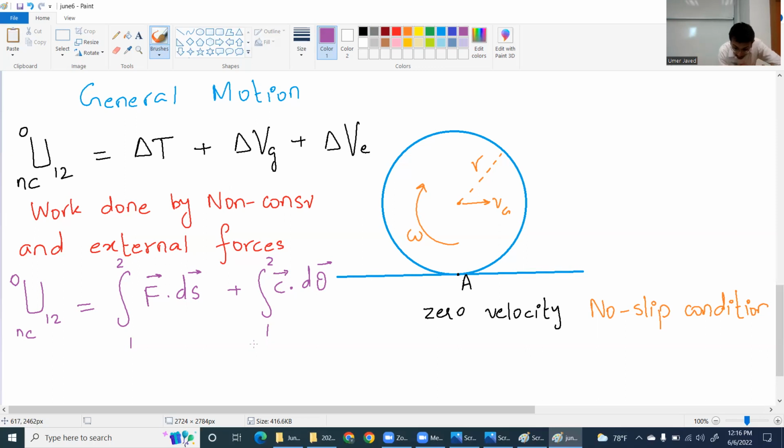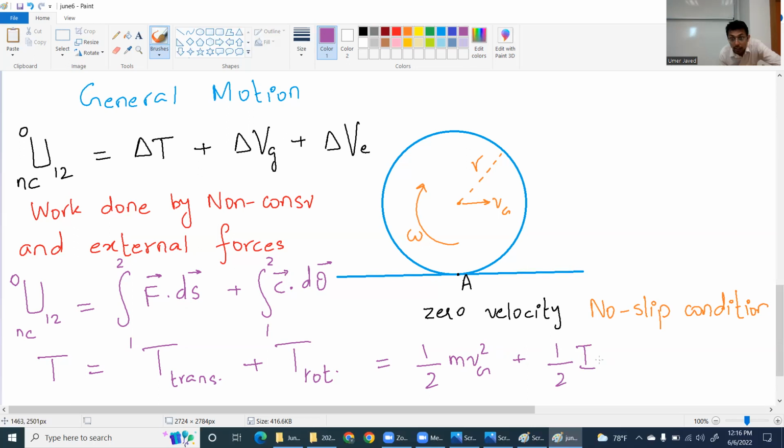What is C d theta? I have to talk about this. Now T is equal to translation plus rotation, which is equal to half m vG square plus half I G omega square.